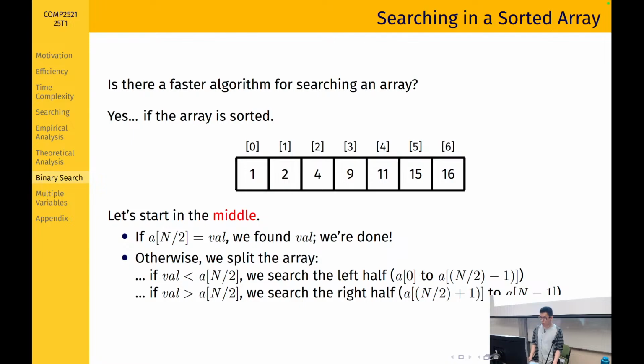Easy. But if the value we're looking for is less than the middle value, then we look on the left-hand side of the array, right? So we repeat the process on the left-hand side of the array. If the value that we're looking for is greater than the middle value, then we look on the right-hand side of the array.